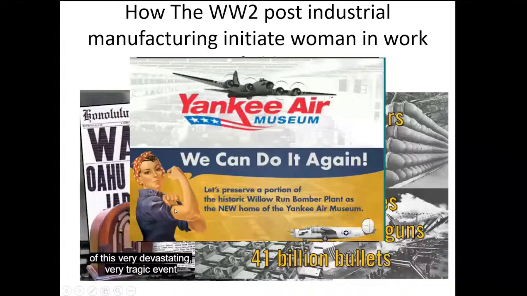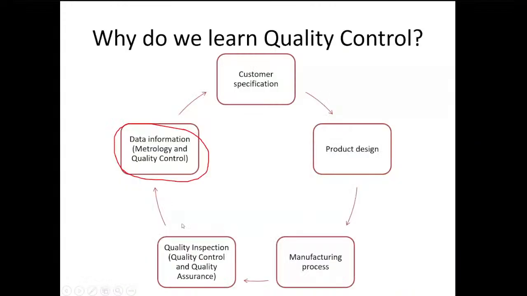Why do we learn quality control? Basically, because of customer specifications. When the customer says that we want this product design in such a way, it must be specified. Then basically quality control and assurance take place.